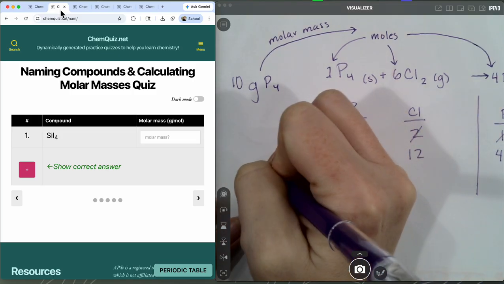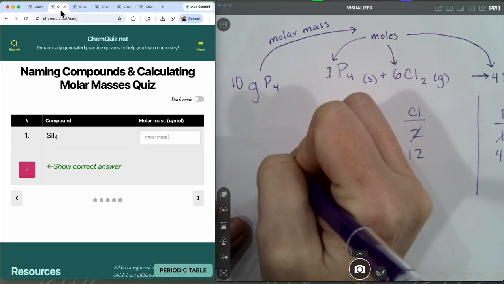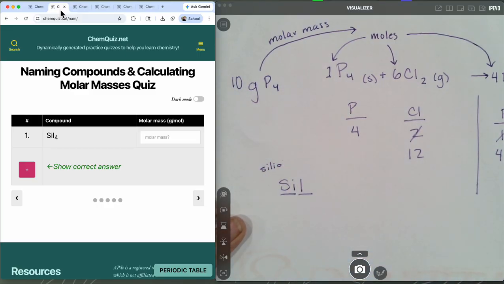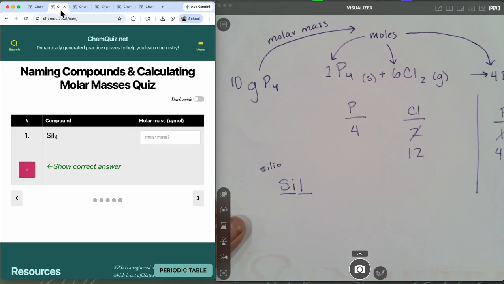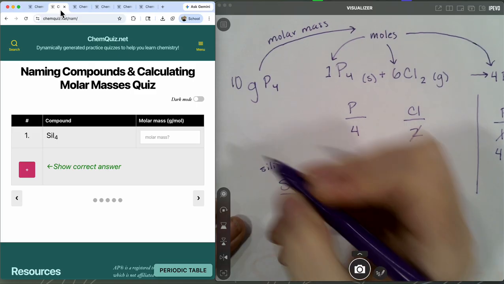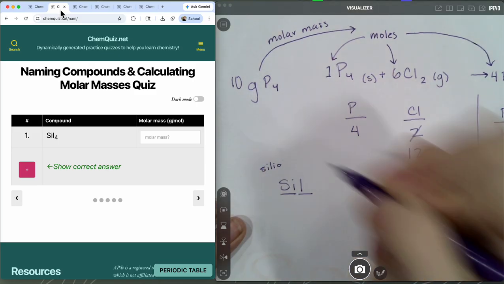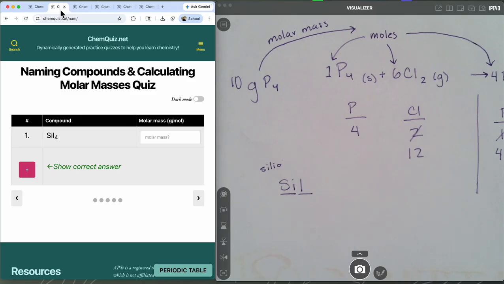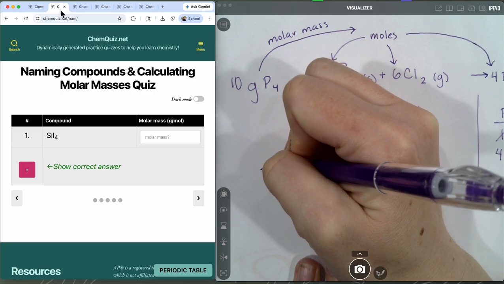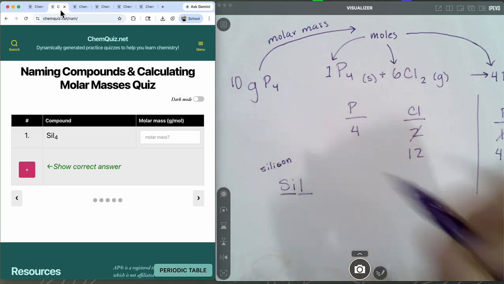Okay. So this is going to be silicon. I always struggle to write this. Oh, I was missing the C. Silicon.